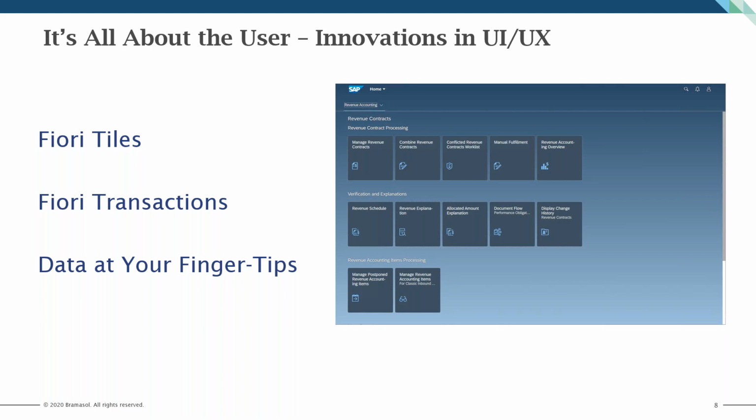We added the allocated amount explanation, a document flow to show where the data comes in and from where the orders originate, where the fulfillment comes from. So all of that was added as additional features to help really understand the details. And I think also adding a lot of additional value.